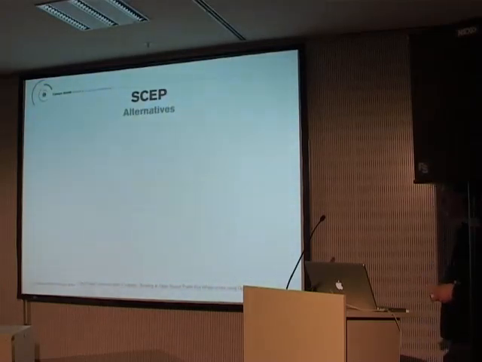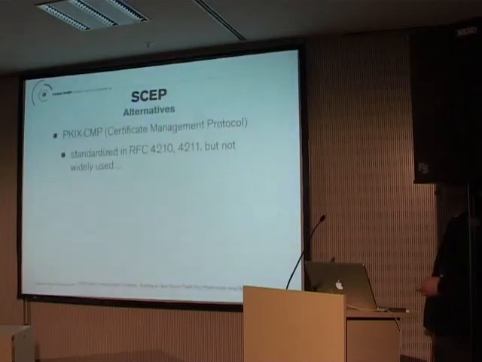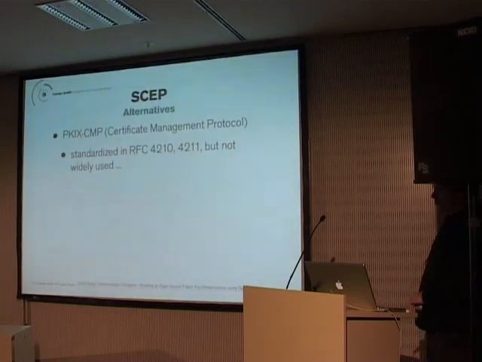Okay, shortly a bit on alternatives. Nobody actually wants to do that, I guess. PKIX CMP is the certificate management protocol, which has actually been standardized in RFCs, but it's not really in wide use.